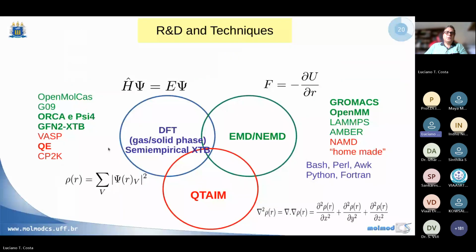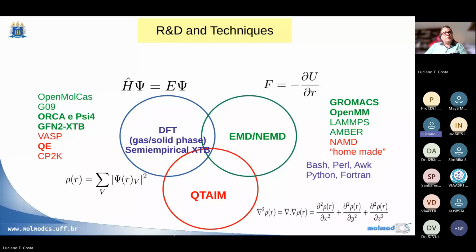To deal with that, in our research group, or at least recently, we have applied DFT calculations for the gas phase, and also semi-empirical methods. So basically we try to solve this equation by electronic density, especially when we are working with large systems with many electrons.